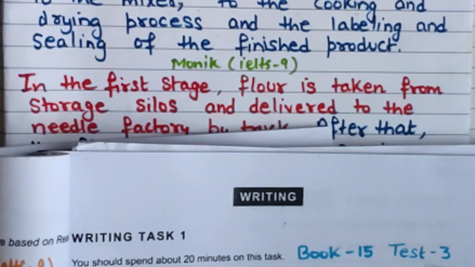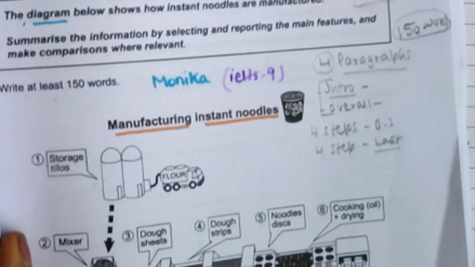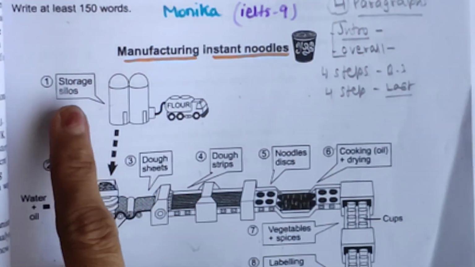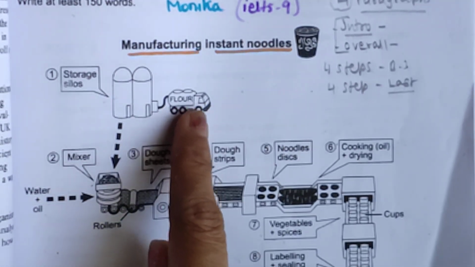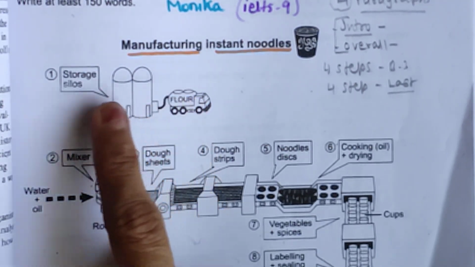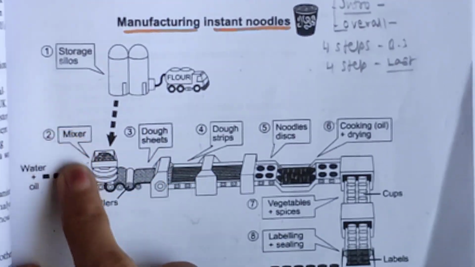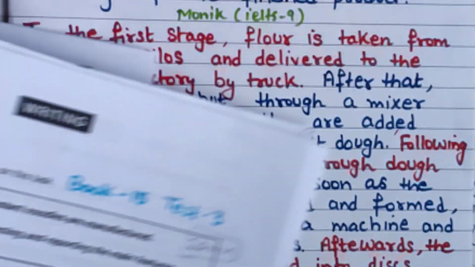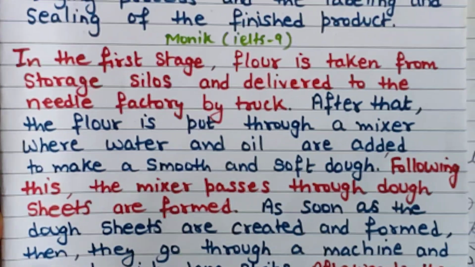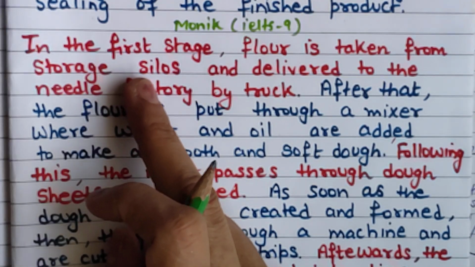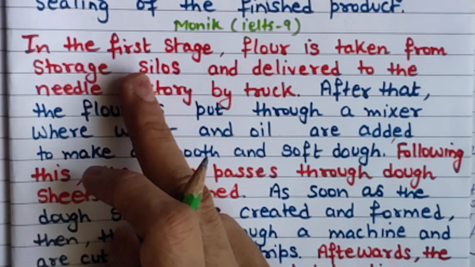Now the next paragraph in detail. In the first paragraph we will be explaining the first 4 steps. So how will we start? First, this vehicle is coming, flour is transported to storage silos, and from here the mixture is there, water and oil. You see how I have written this. Just watch it again and again so that you will come to know how I have done it.